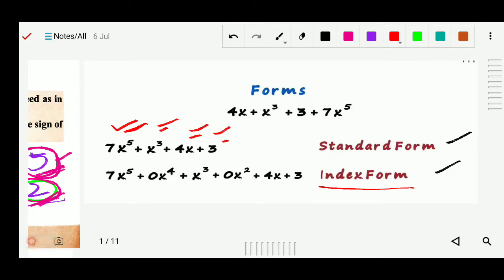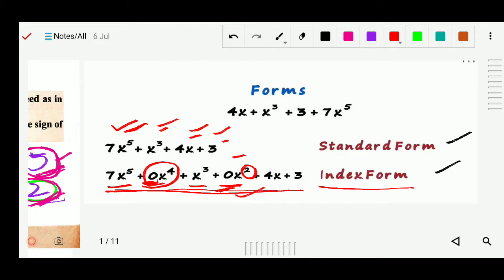Index form is where we write the highest power first, but if any power is missing, we also write that term, with a coefficient of 0, because any number multiplied by 0 is 0. Likewise the cube is there, but the power 2 is missing here, so that term we have also written. So in this index form we mention all the terms, and if a term is not there, we still mention it multiplied by 0.